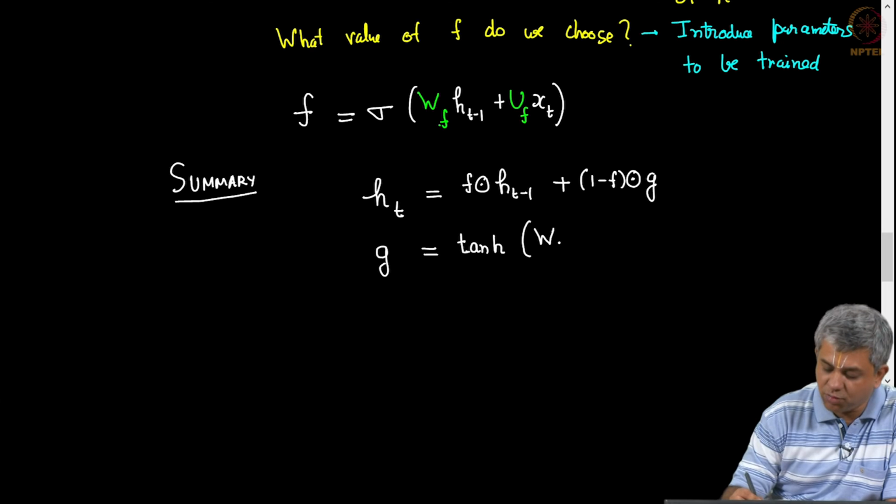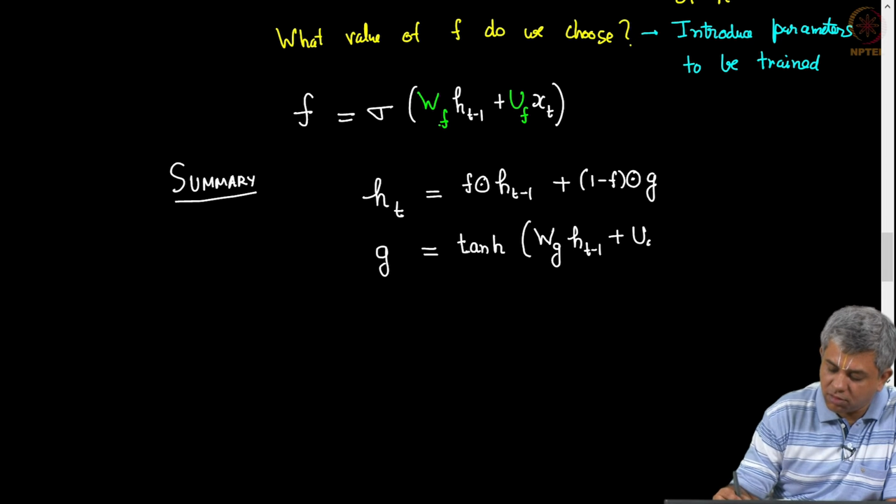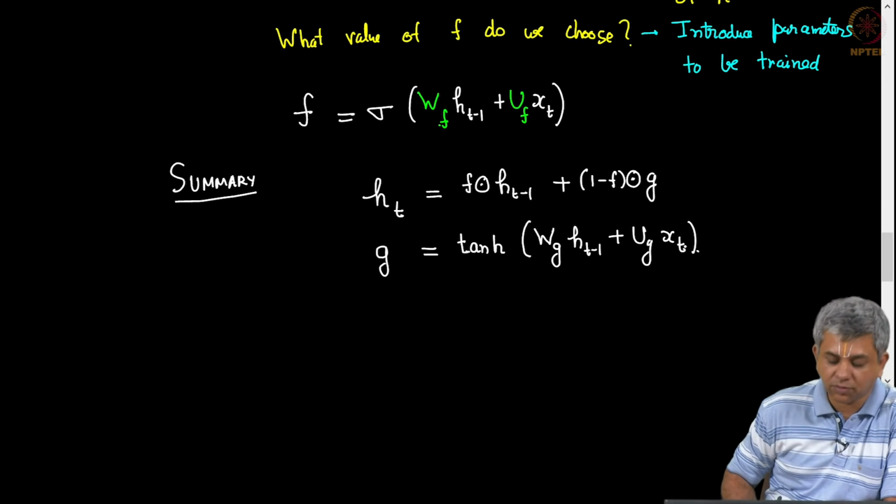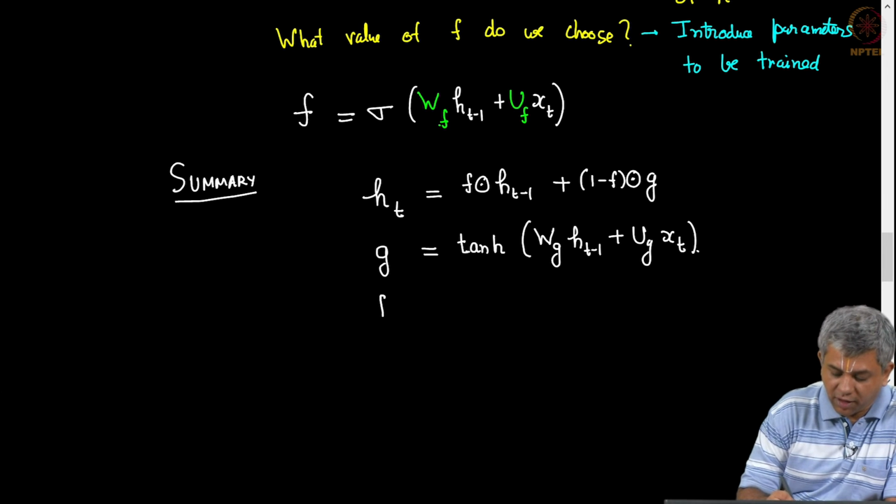We decided that G was tanh of W_G H_{t-1} plus U_G X_t.